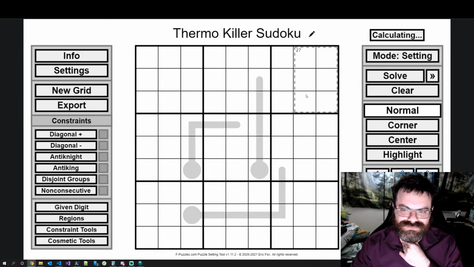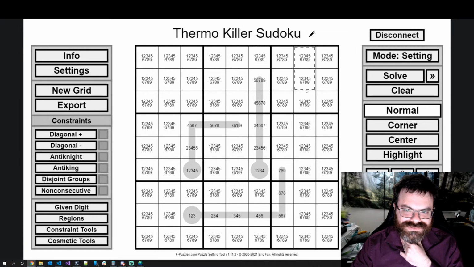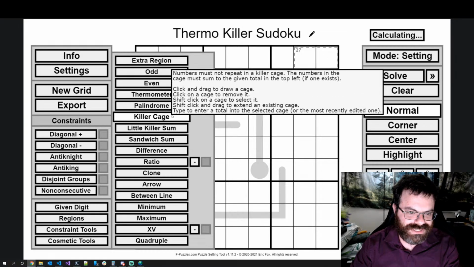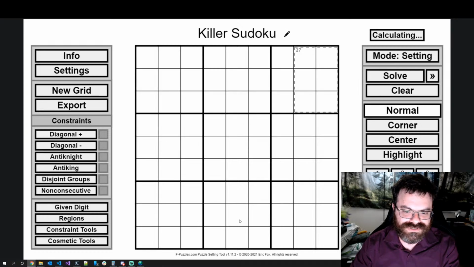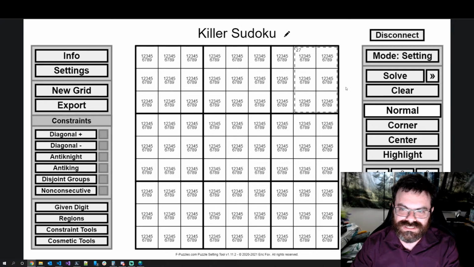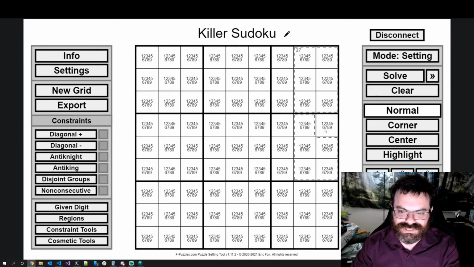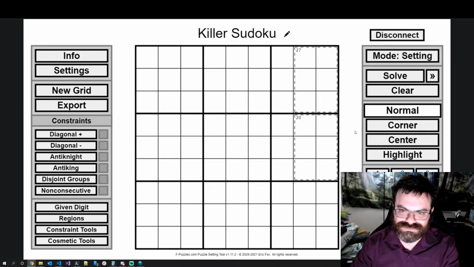I'm just going to get rid of that because that took too long. I am working on speeding up some of this stuff, but maybe if I get rid of these thermos, hopefully there we go. So let's just start building the puzzle we just solved here.